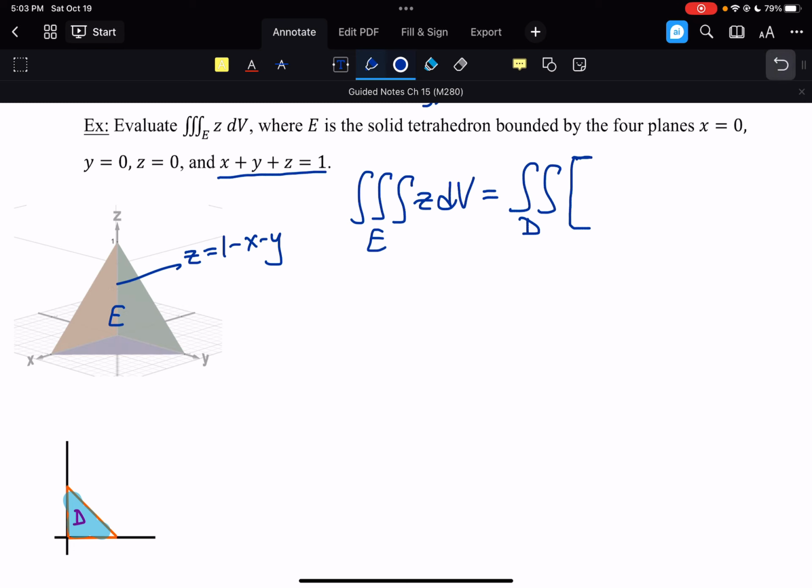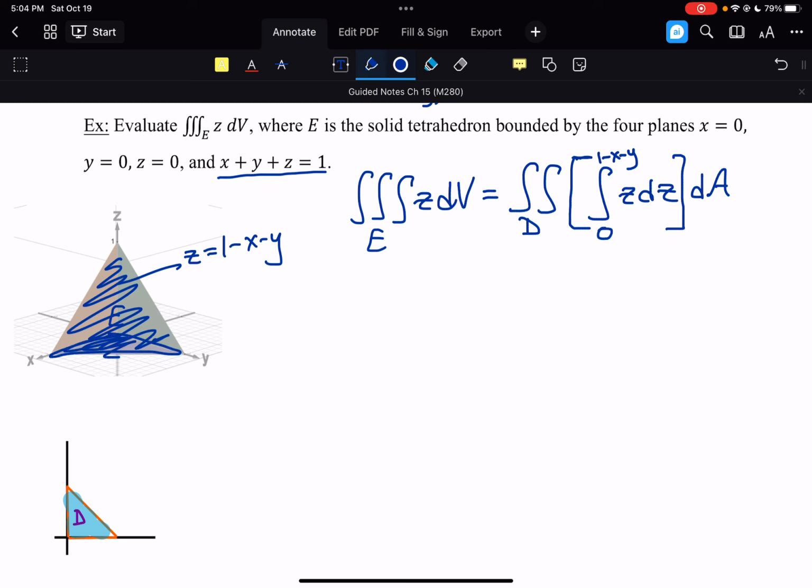So from bottom plane to top plane with respect to z. So we have z dz with z going from 0 up to this plane. So 1 minus x minus y. And then dA. So this is the 3D portion. This is filling in the solid from the xy plane down here up to this plane.